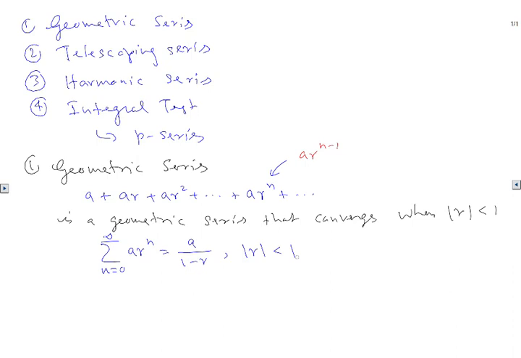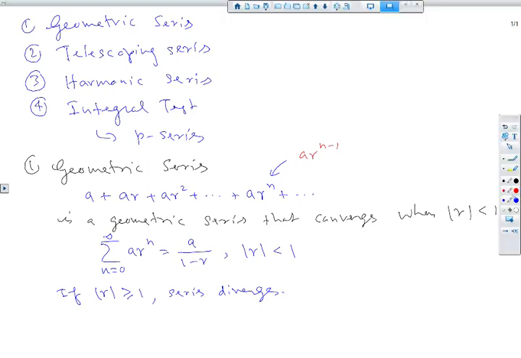And if the absolute value of r is greater than or equal to 1, the series diverges. That is what we normally call the geometric series test. When the absolute value of r is less than 1 it converges, and when the absolute value of r is greater than or equal to 1 it diverges.